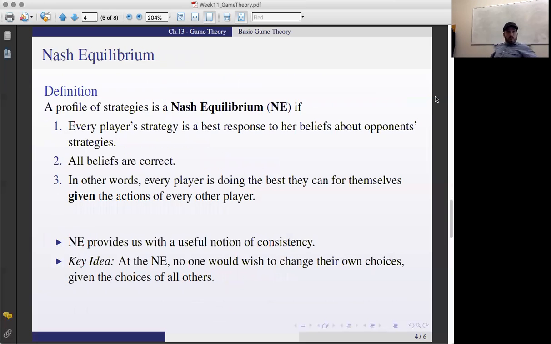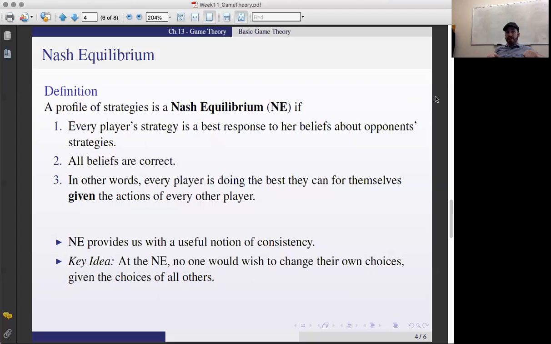Which brings us to Nash equilibrium. You may be familiar with the term. John Nash was the father of this idea, or at least the person who popularized it. We can think of something as a Nash equilibrium if every player is playing their best response to the actions of every other player simultaneously.